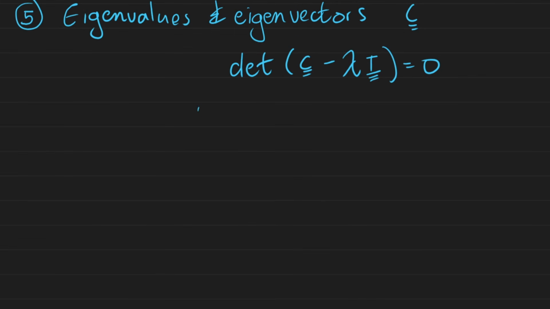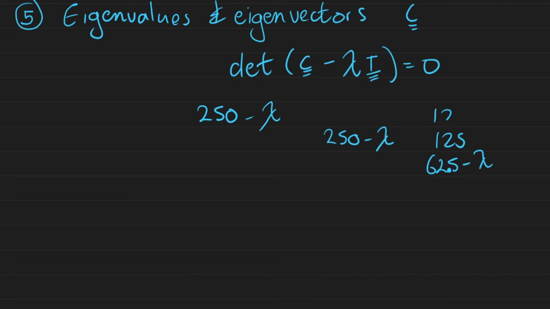So this is essentially 250 minus lambda, then again 250 minus lambda, and then 62.5 minus lambda. Then we have 125, 125, then 250. There's a 250 here as well. And we have 125 and 125.